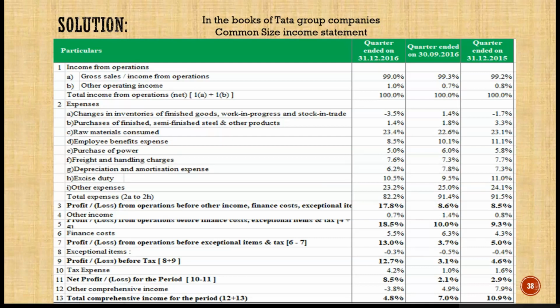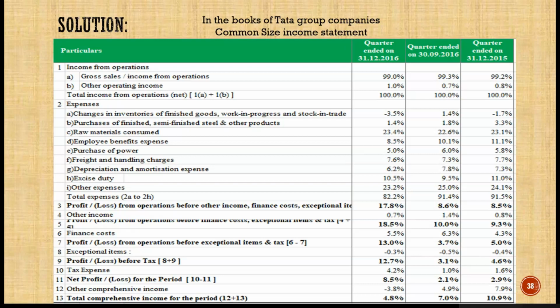So, by this way, one can analyze the performance of the organization. The total income from operation has been taken as a base, and on that basis, all the other figures are compared, and one can understand what is the performance of the organization during the given period.